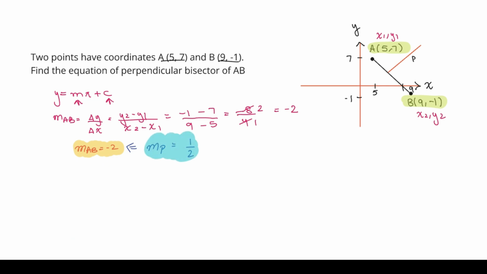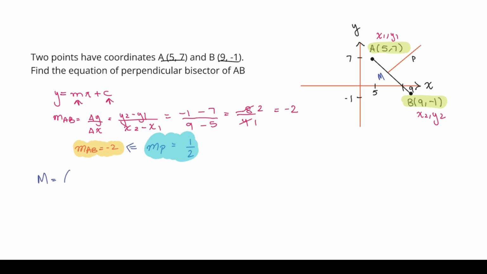Now, in order to divide the line segment AB into two equal parts, perpendicular bisector needs to pass through the midpoint of AB. Let's call the coordinates of midpoint of AB as M. Now, to find the midpoint, we take the average of x and y values.